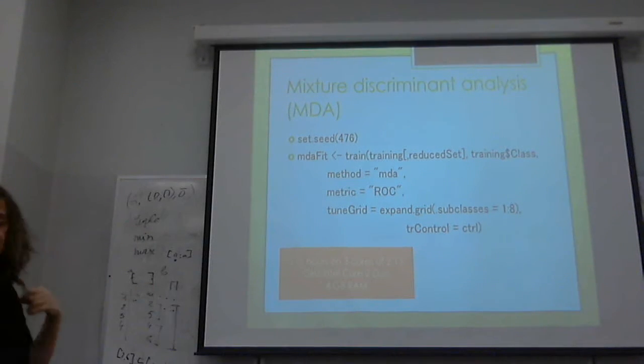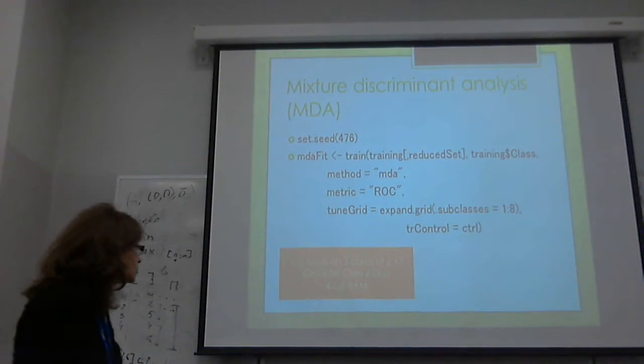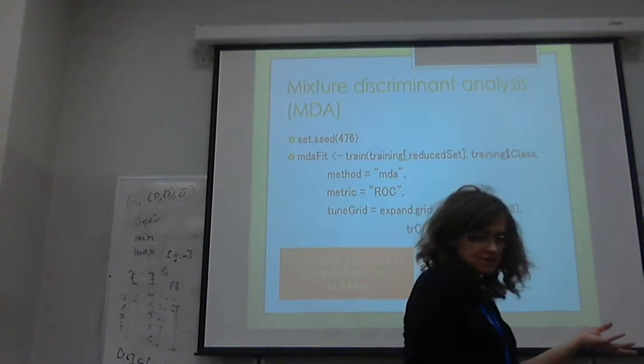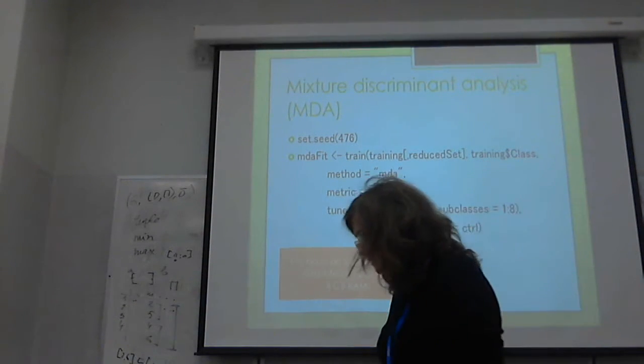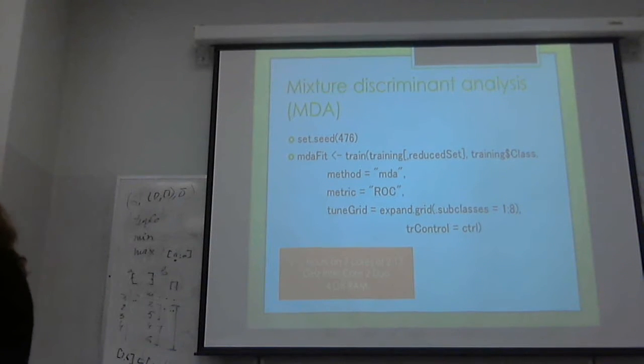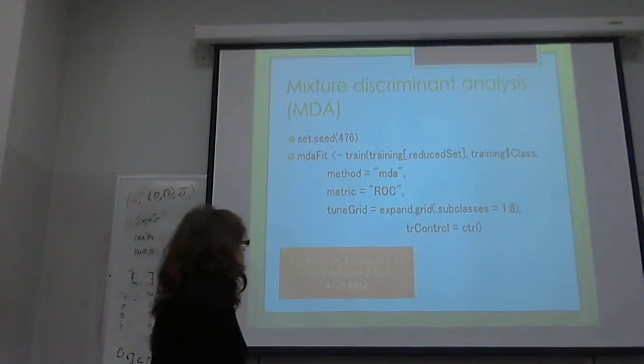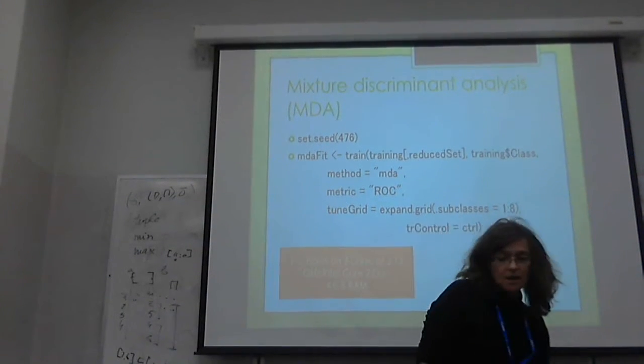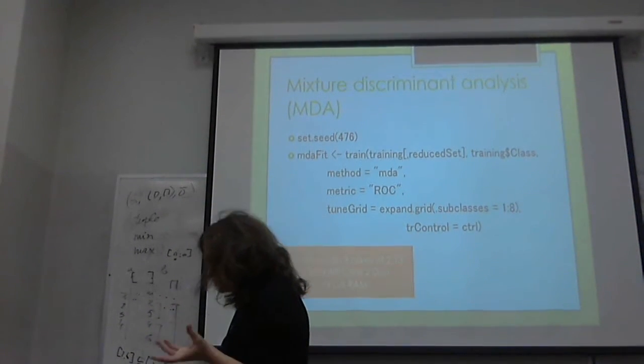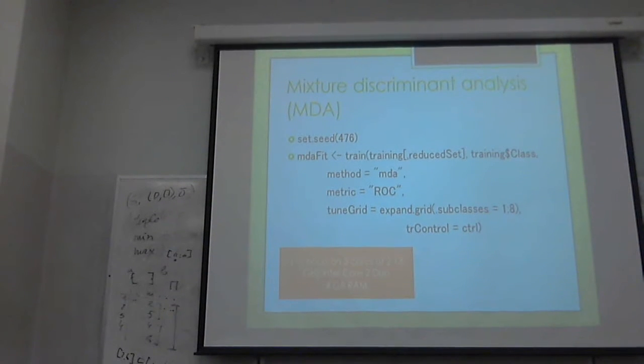Please load it as a data, MDA. It should be called something like MDA fit. We're running it on a reduced set of 252 predictors. I think all the models I did were on only 252 predictors.